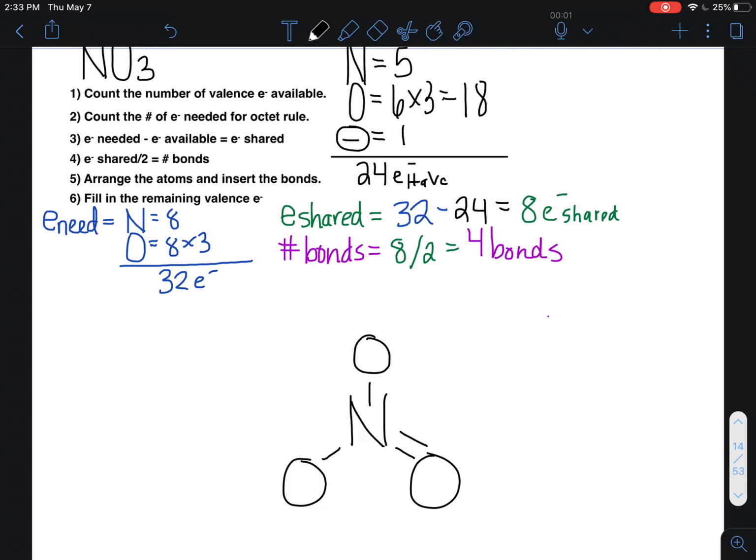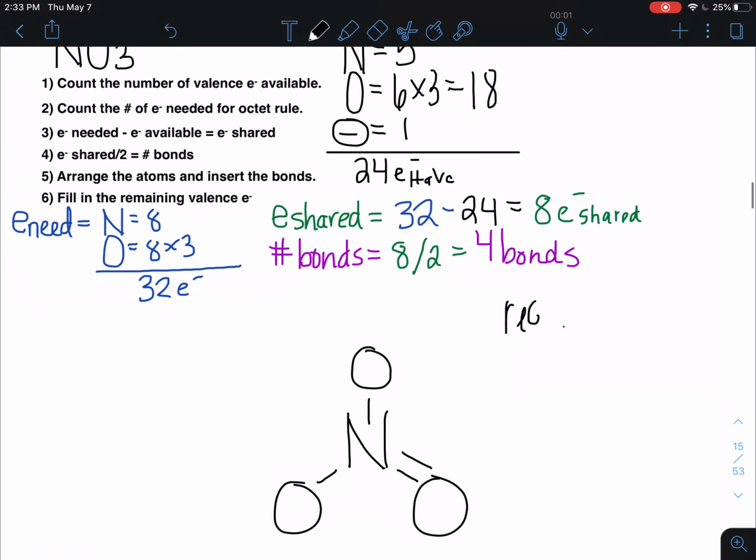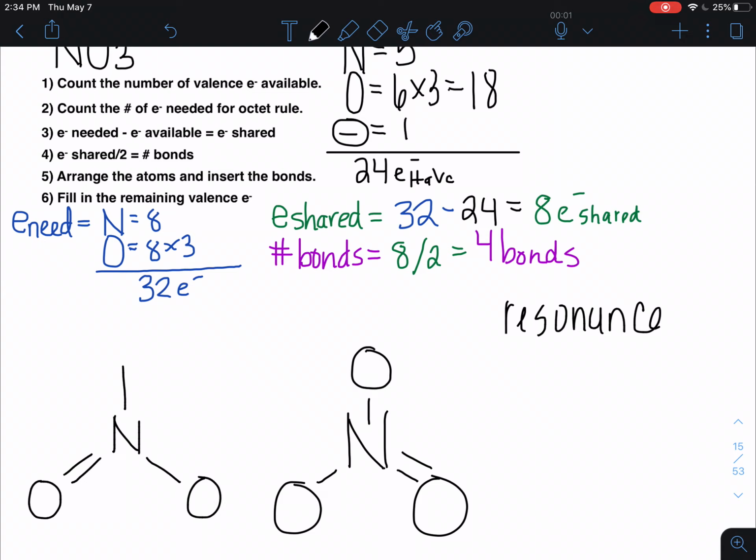Because I can put that double bond anywhere, this is called resonance. All right, so this is called resonance. And a resonance structure for NO3 would be where the double bond is on that oxygen or on this oxygen.